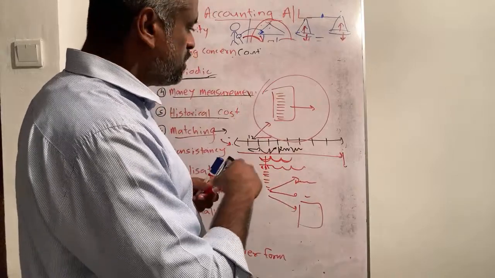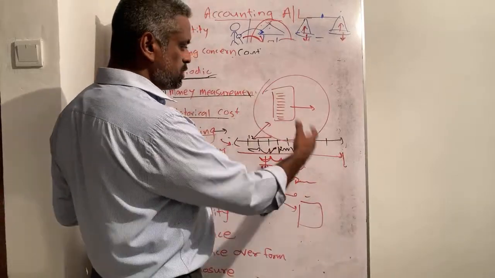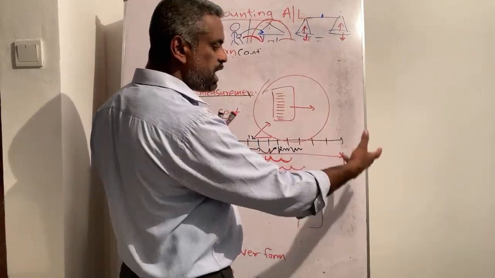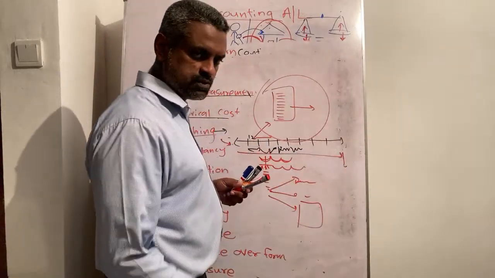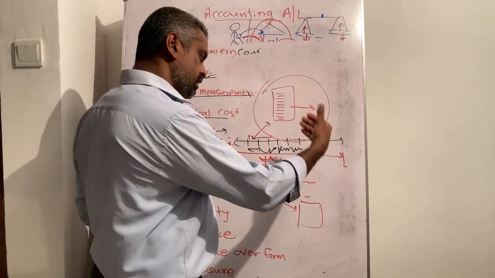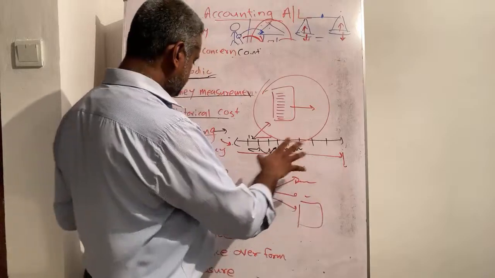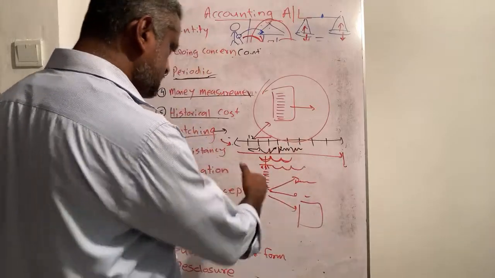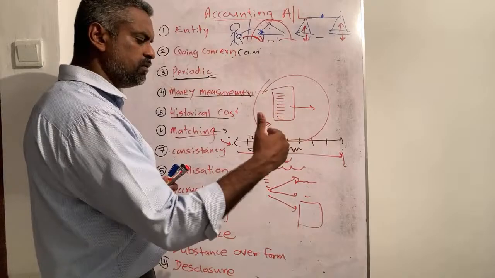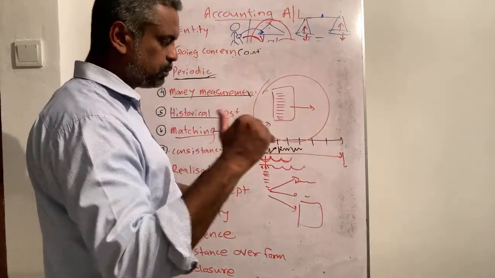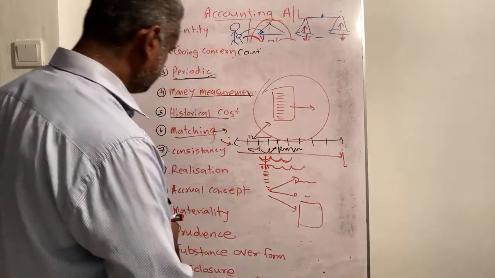So when you follow generally accepted accounting policies and procedures, it is very easy to compare with other firms, with other businesses, and with other periods, right? So that is the consistency concept. Consistently you have to follow a certain procedure unless you have a proper reason to change it, right?